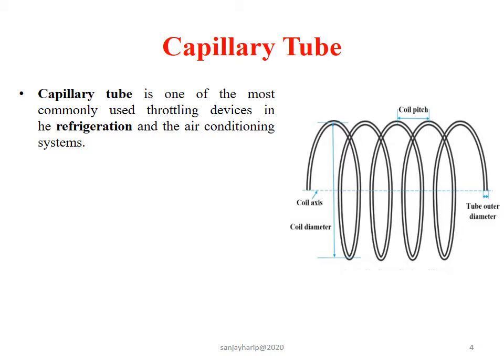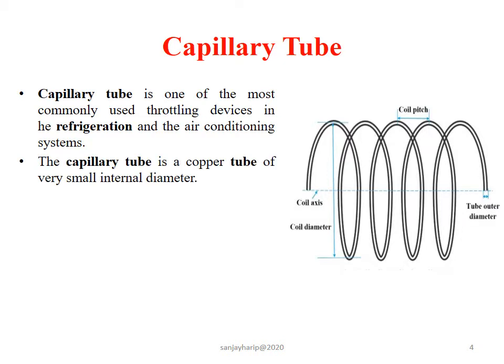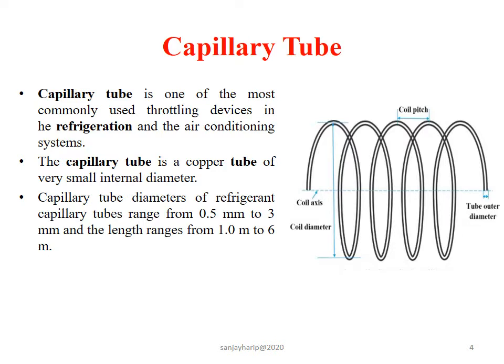Capillary tube is the most common device for throttling in refrigeration and air conditioning systems. Capillary tubes are made of copper or aluminium depending upon the capacity of refrigeration. They are of very small diameter.